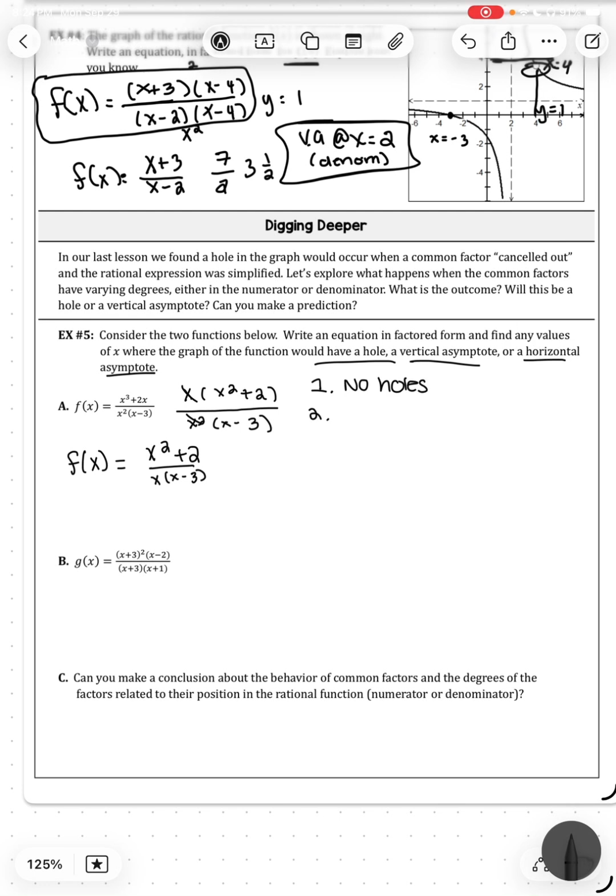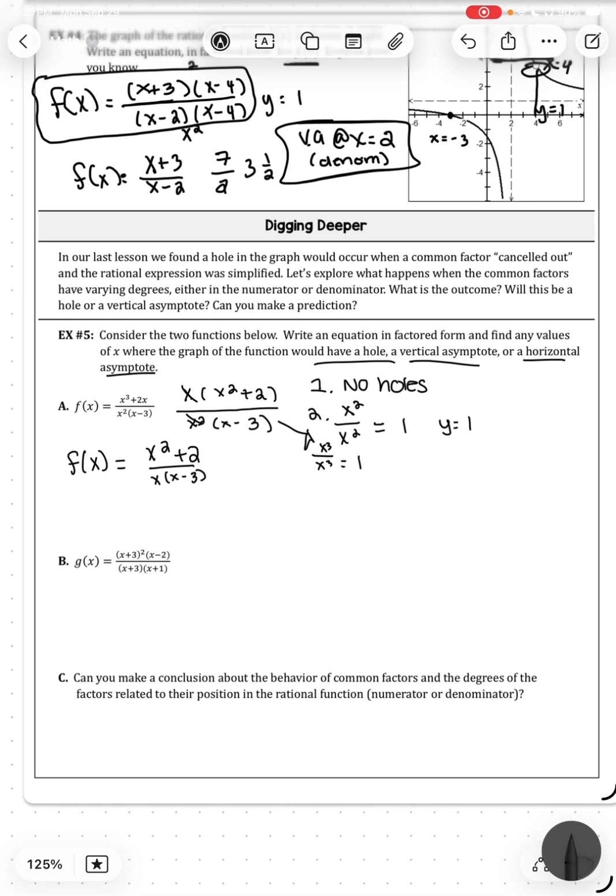Moving on, the horizontal asymptote would be 1 because x squared over x squared is equal to 1, or y equals 1. And then, according to our factored form, if we were doing it based off this one, it would be x cubed over x cubed, but it would still equal 1.